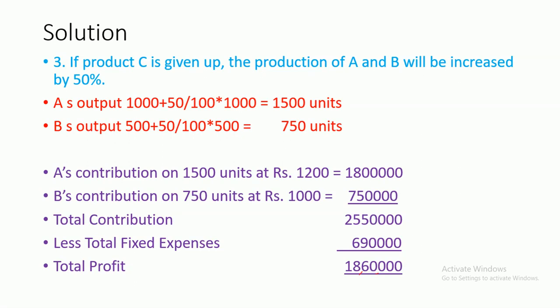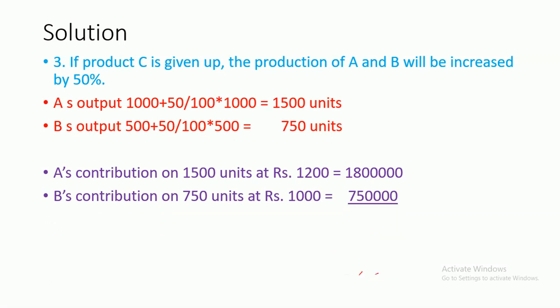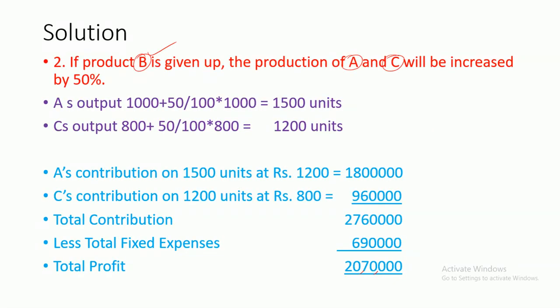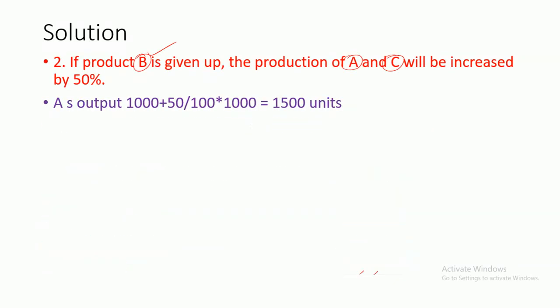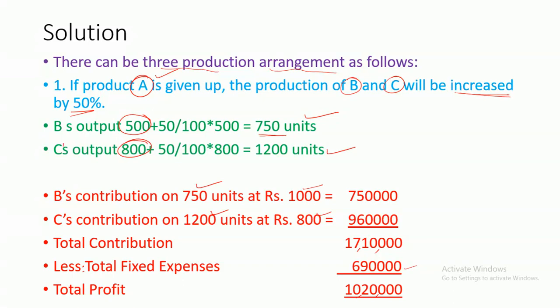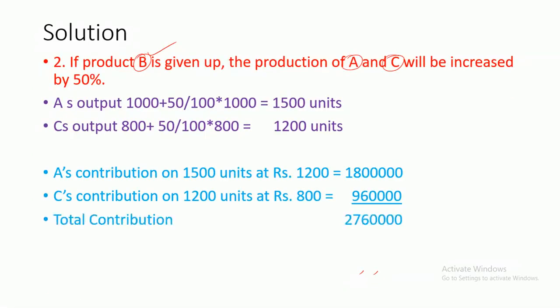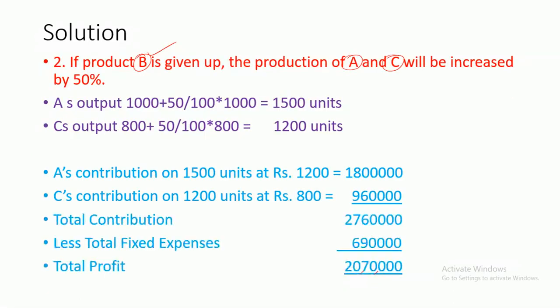So now in these three situations, where are we getting maximum profit? Here it is 18,15,000, and in the previous case it is 20,70,000, and in the first case it is 10,20,000. So in the second case the profit is highest, 20,70,000.